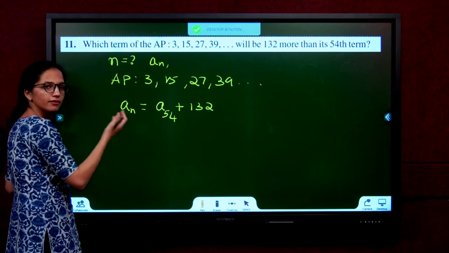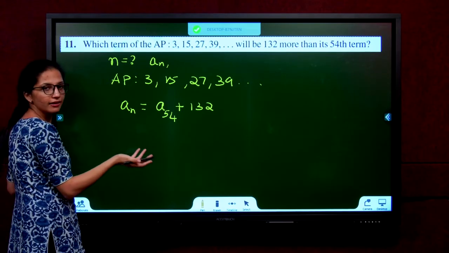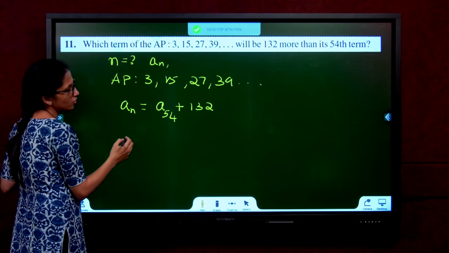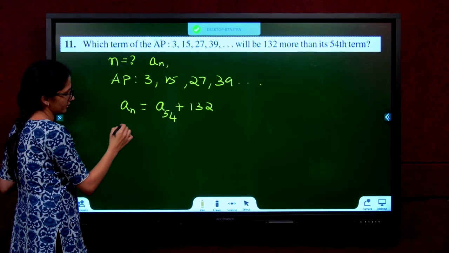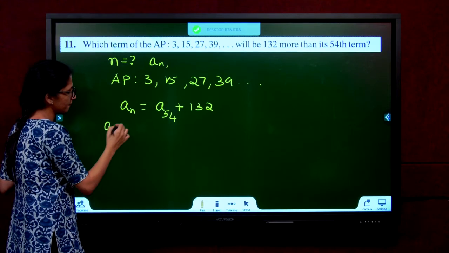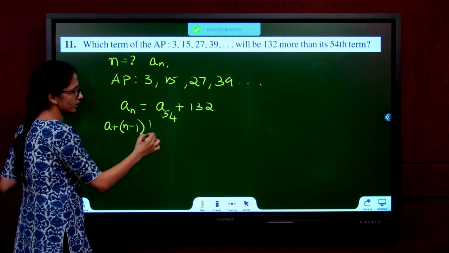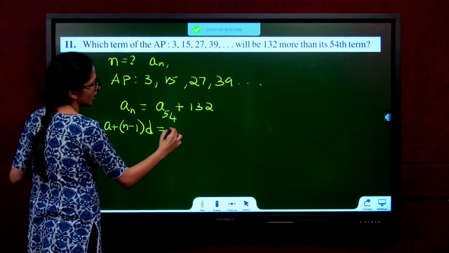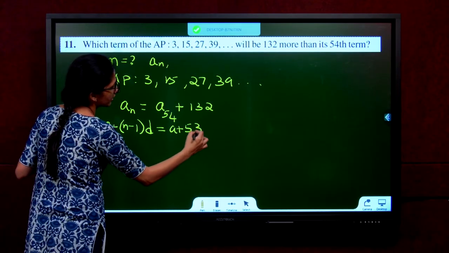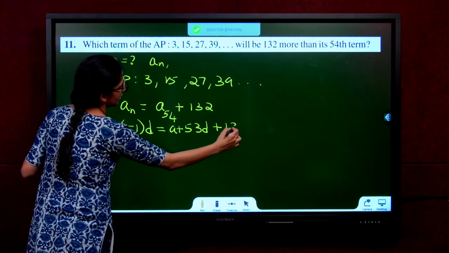Or you can find an first and then n also, that is also fine. So now what happens here? An is nothing but A plus n minus 1 into D is equal to A54, A plus 53D plus 132.